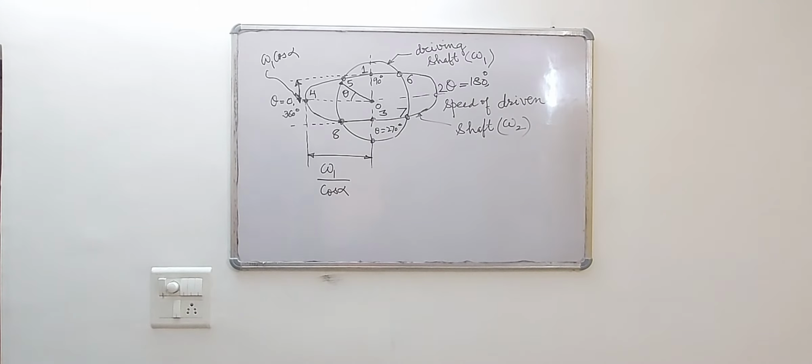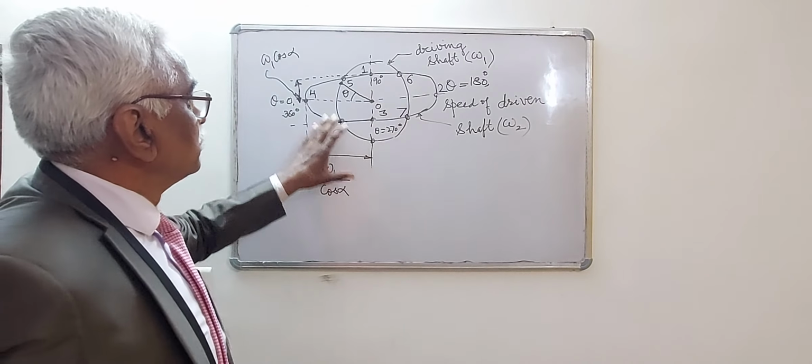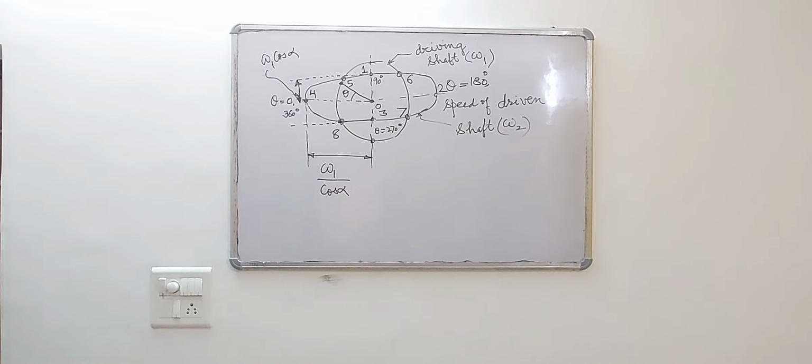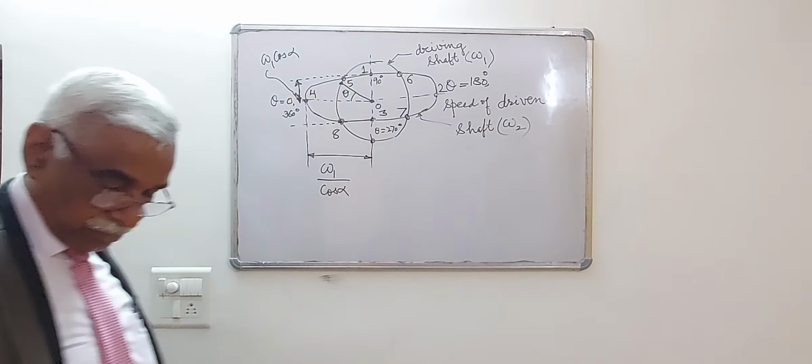I again read it for you. For one complete rotation of the driving shaft, the speed of the driven shaft is minimum at 2 points, that is point number 1 and 3, when the value of theta is 90 degree and 270 degree.